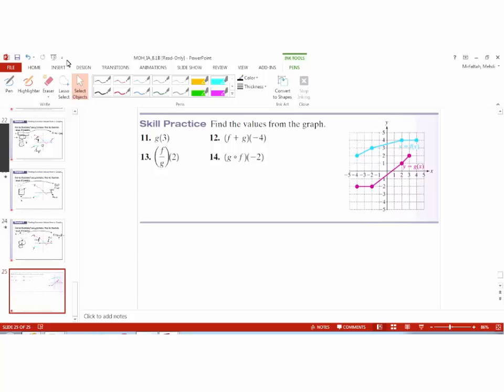So I see only one check mark in front of your name, so that means you guys have a problem with this, or nobody's done with this? All right, let me clear a check mark from everyone. Number 11, who's done with number 11? Please do the check mark. Jared, what did you get for number 11? Go on. g of 3.